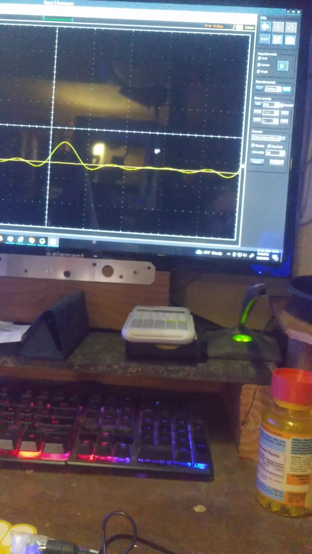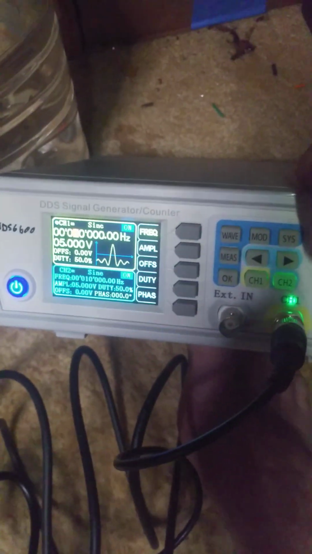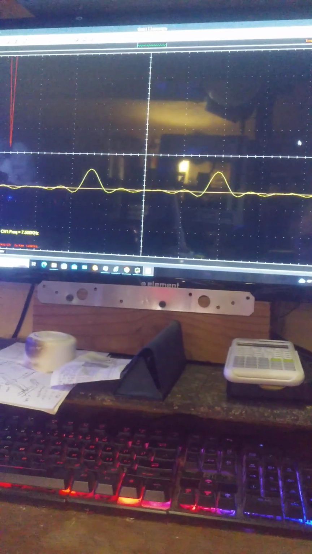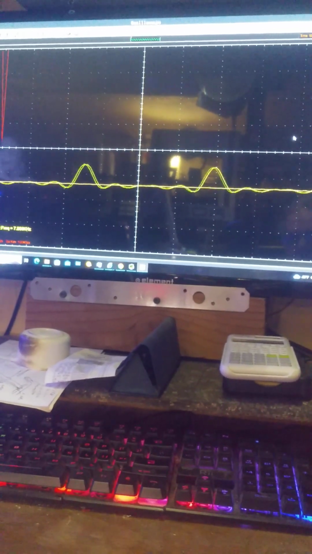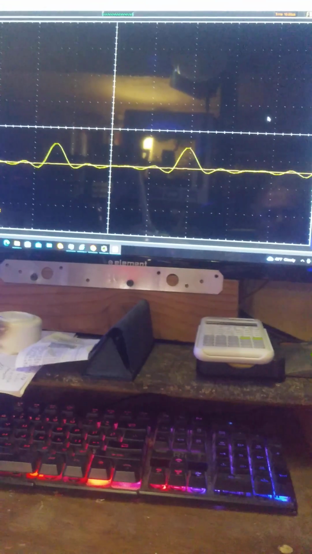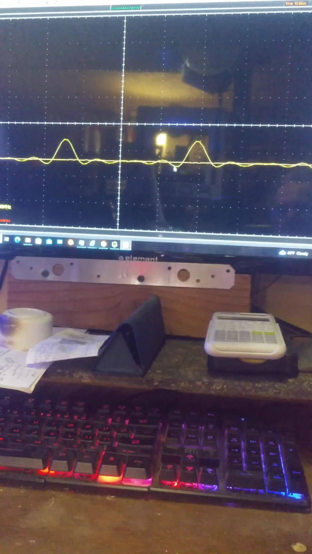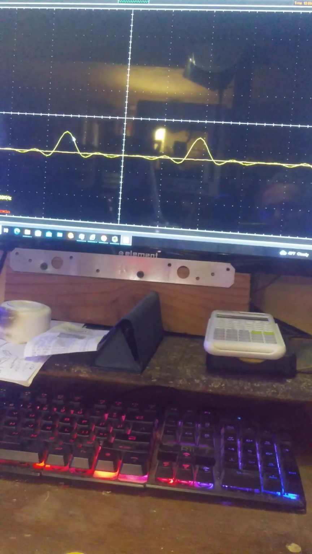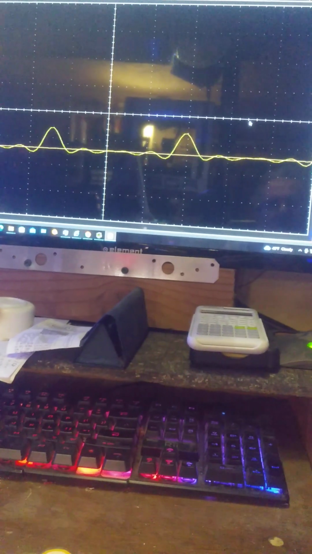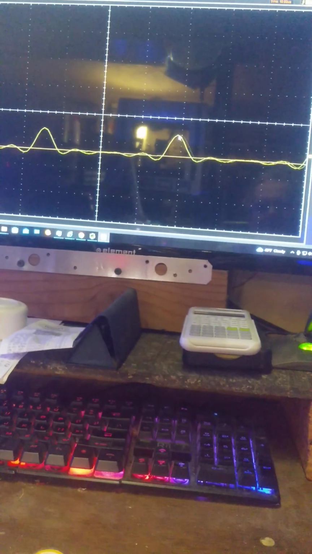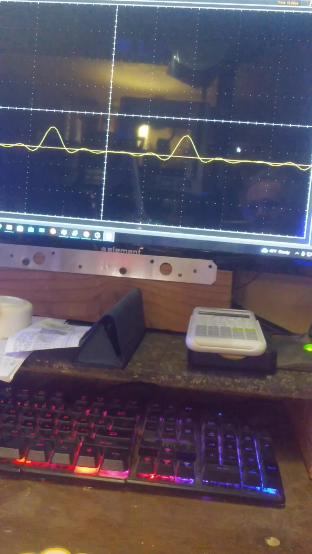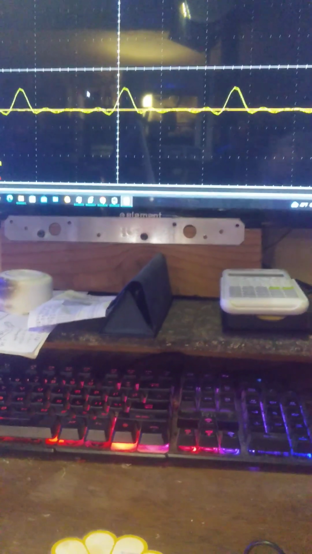A little jittery, but let's change it to 30. Okay, 30, you're starting to see some trapezoidal sort of effects here. It's starting to look like a lot of dots connected with lines. You're starting to see these little flat areas.